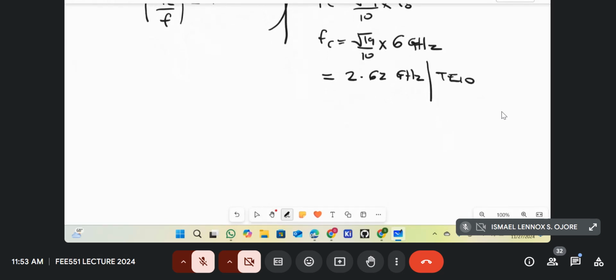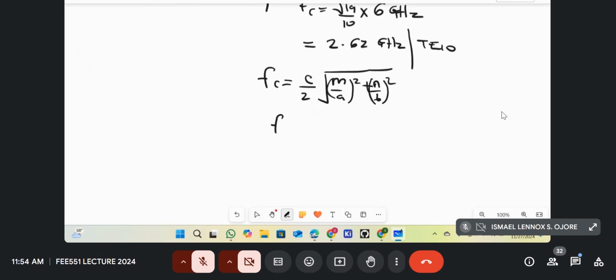And the general cutoff frequency we know to be c over 2 times the square root of m over a squared plus n over b squared. So for fc of TE10, we have it as c over 2a.